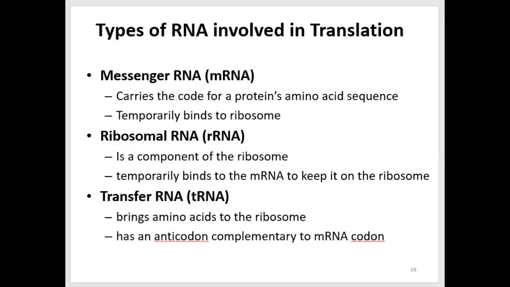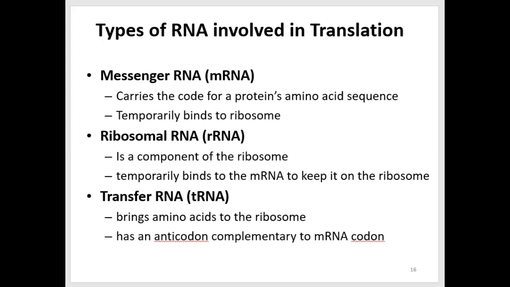In addition to messenger RNA, there are other types of RNA involved in translation. One type, called ribosomal RNA, is a component of the ribosome, and it helps to keep the messenger RNA stabilized within the ribosome. The other type, called transfer RNA, will bring amino acids to the ribosome.